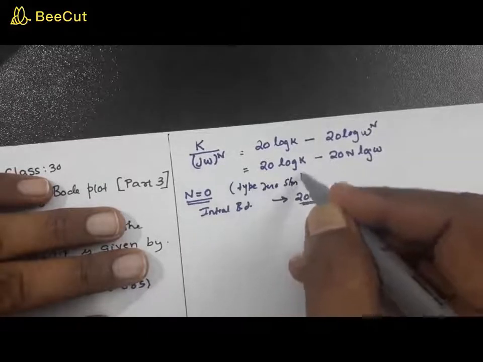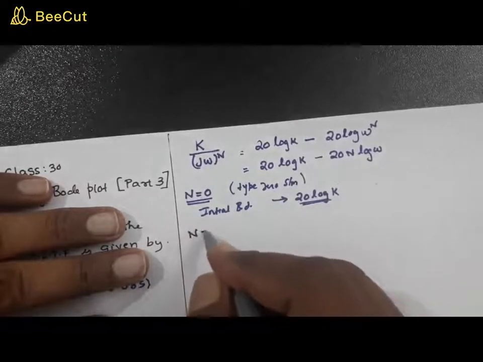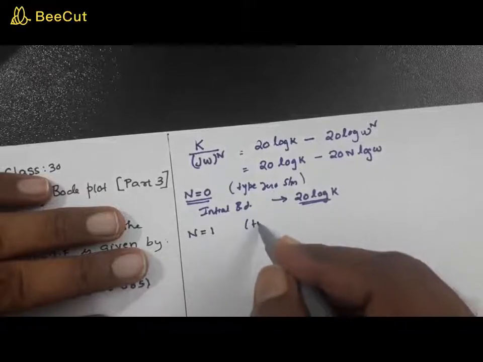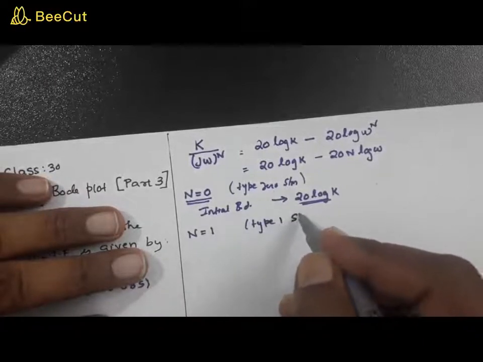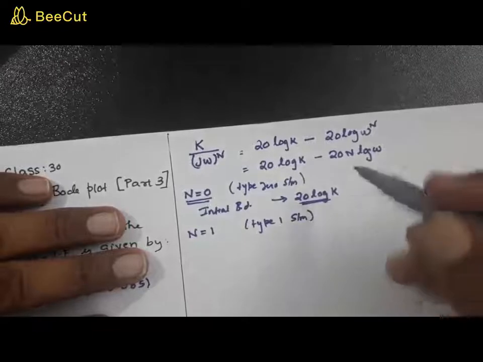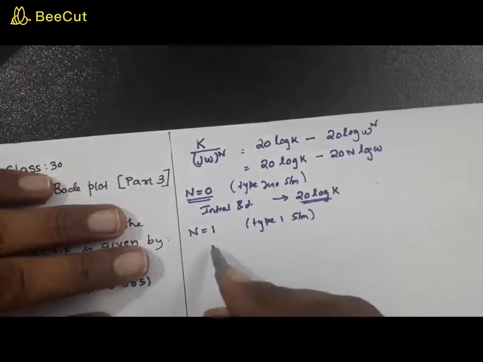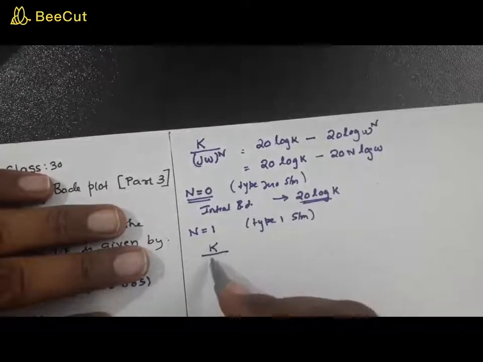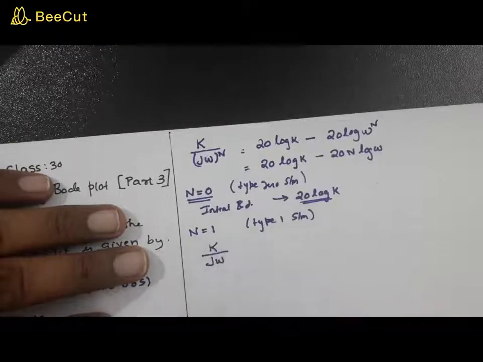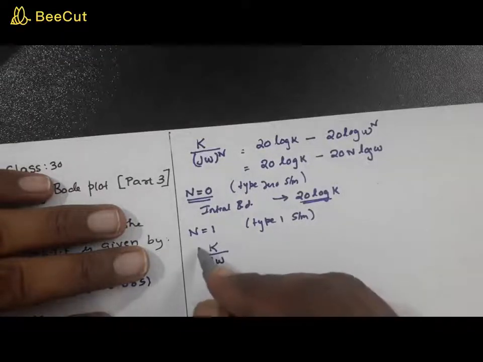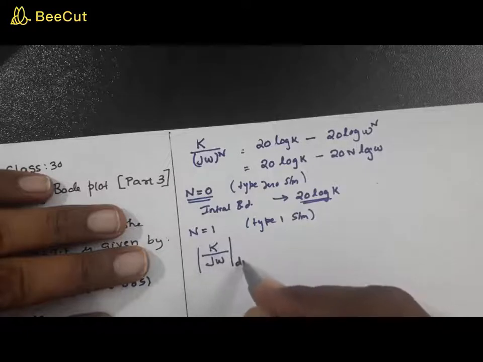Now let us consider the case where n is equal to 1. That is, this is a type 1 system. Now a type 1 system will be having a different initial slope than a type 0 system. Let us see that. So your term becomes k by j omega raised to n, where n is equal to 1. Now how to find out the magnitude in decibel?